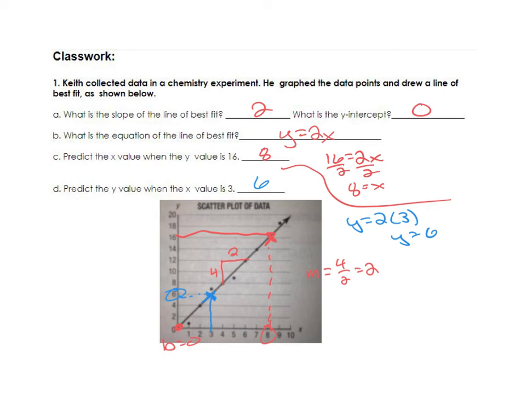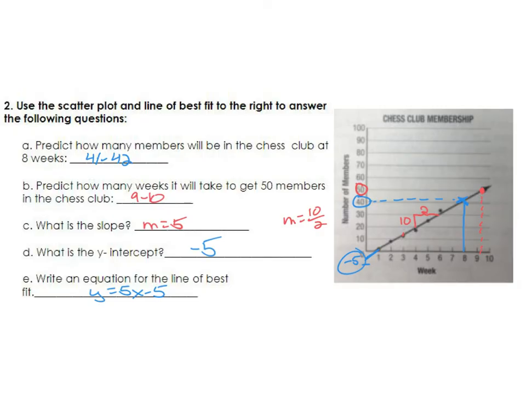In example 1, you can see here, it doesn't matter whether we use our graph or our equations. In this case, both of them line up a little bit nicer to be our 8 and 6. And again, just make sure you're finding your slope and y-intercept. So when we look at example 2, not lining up real well, but we can see A is probably like 41 to 42.